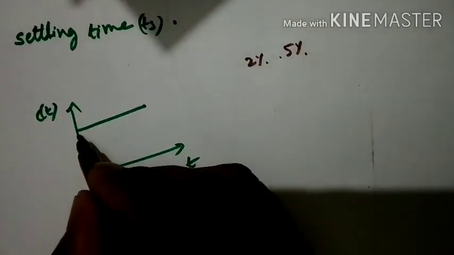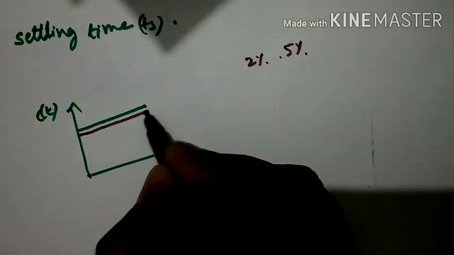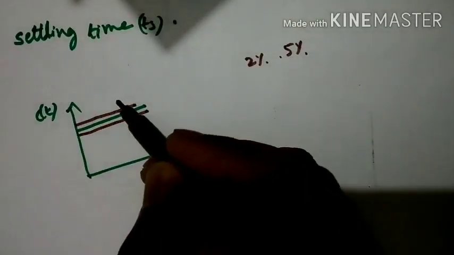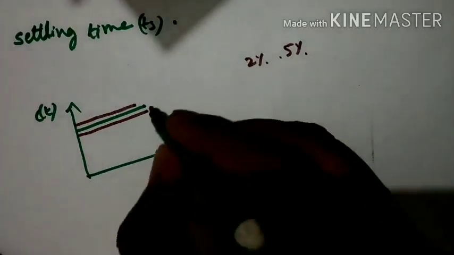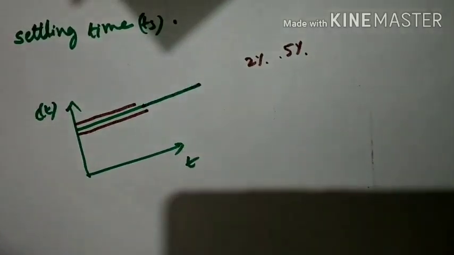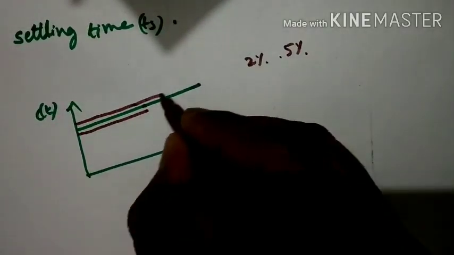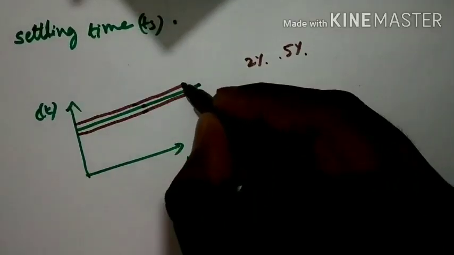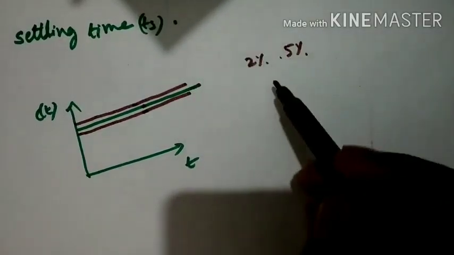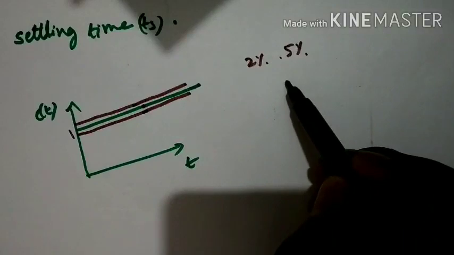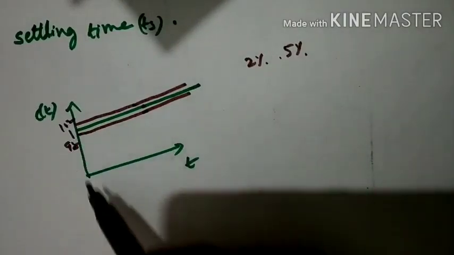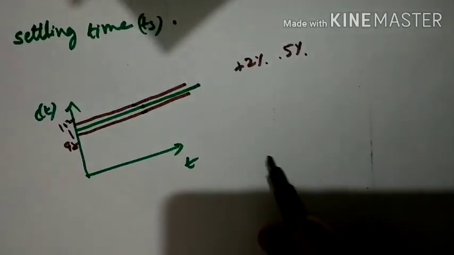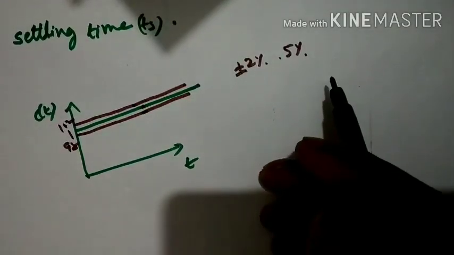If it is 2%, that is 1 or 2, so this is 99, plus or minus 2%. So this is a tolerance band.